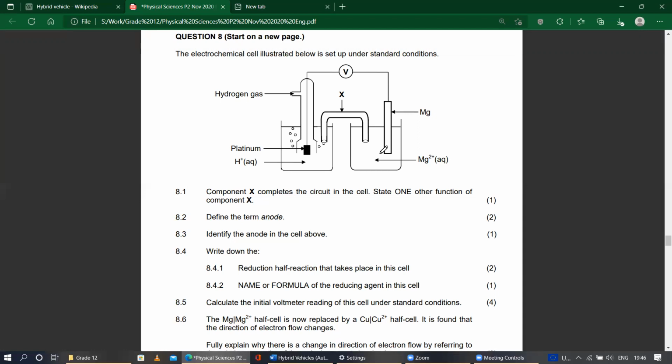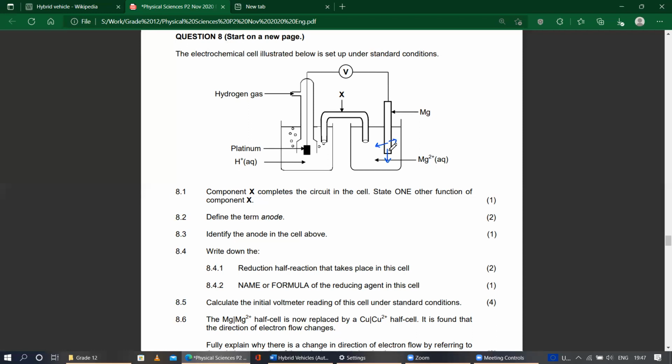So basically, let's say magnesium is your anode, that means the magnesium metal is gonna lose some of its mass, and it's gonna change into ions and get absorbed into the solution.